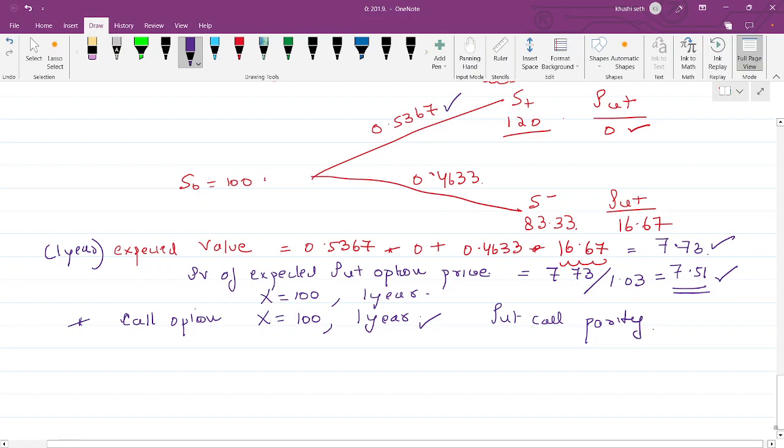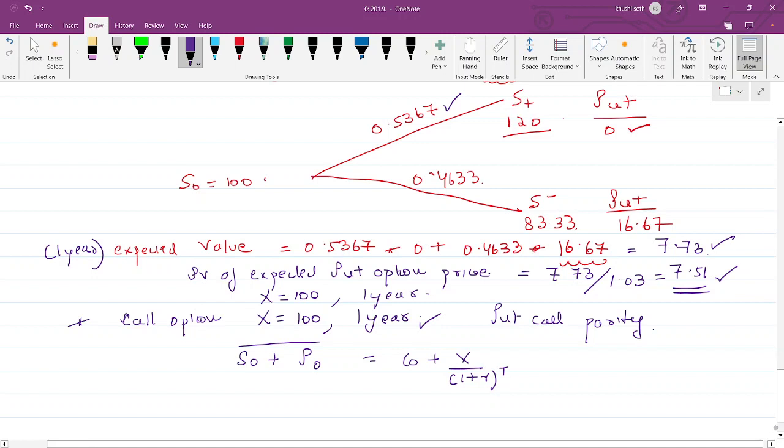What does the put call parity say? That the cost or the price of a protective put, this is my protective put, should equal the cost or price of a fiduciary call. Why should the fiduciary call and the protective put trade at the same price or the same cost?